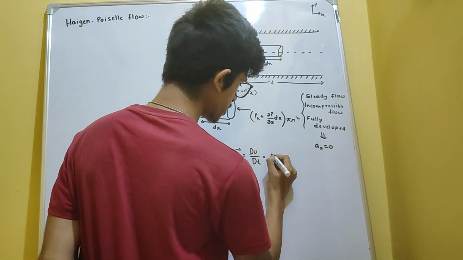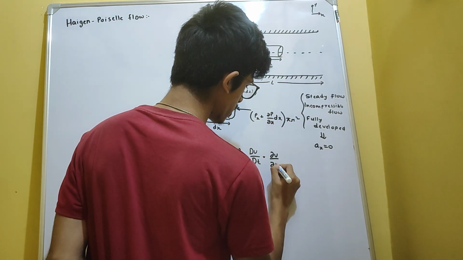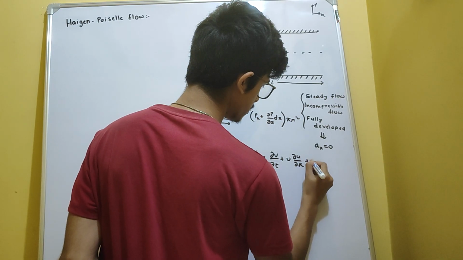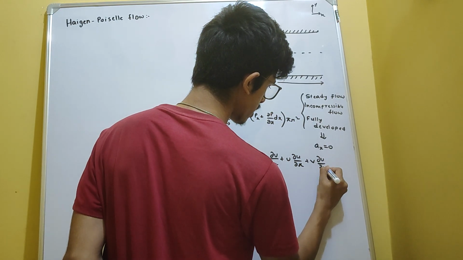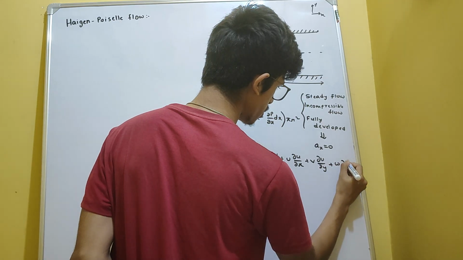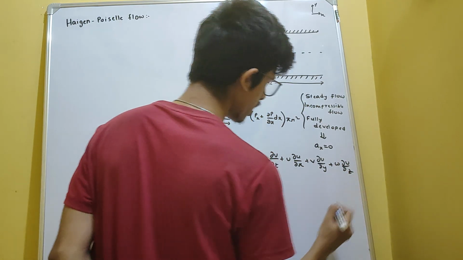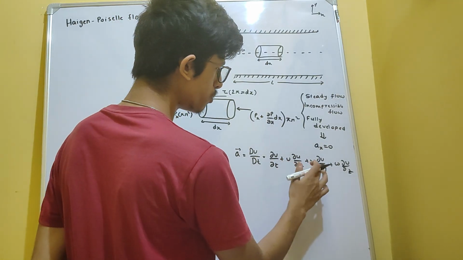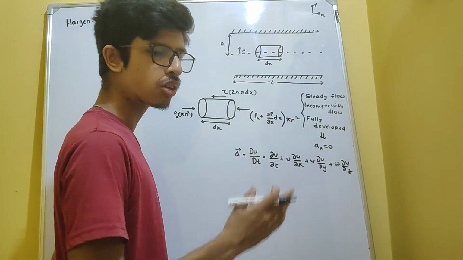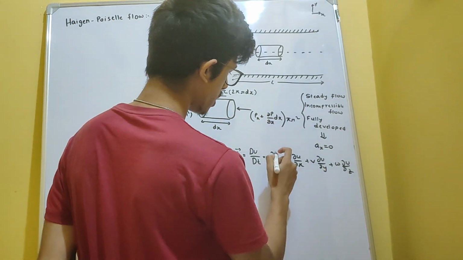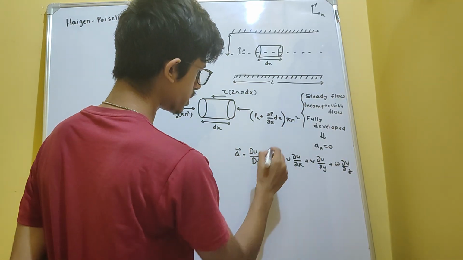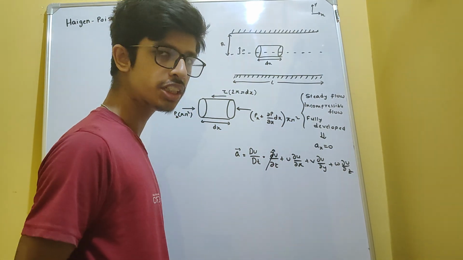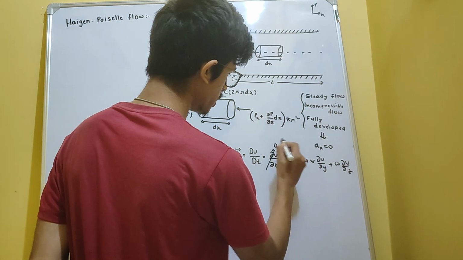If you open up this formula, you will be getting dou u by dou t plus u dou u by dou x plus v dou u by dou y plus w dou u by dou z. I assume that you already know what u, v and w are. So u, v and w are the velocities along the x, y and z directions. Since we are assuming the flow to be steady, there will be no change in velocity with time. So this will be 0.